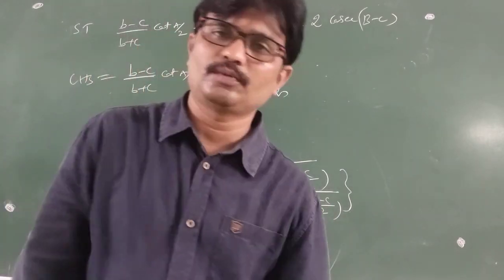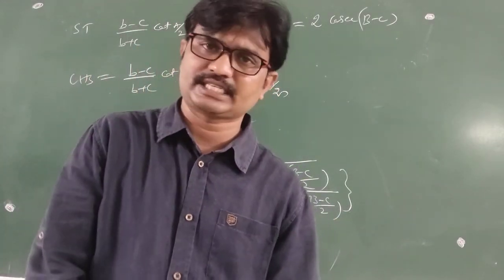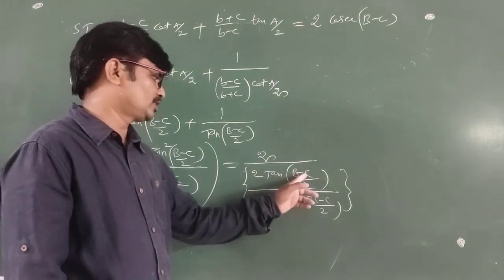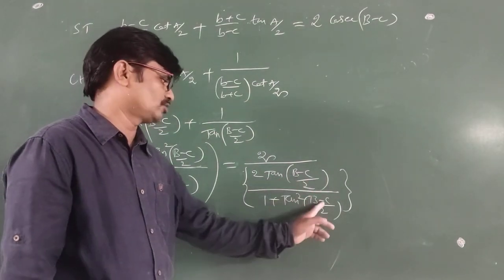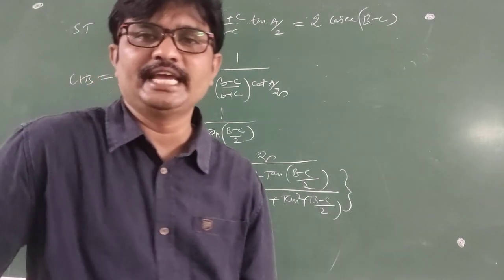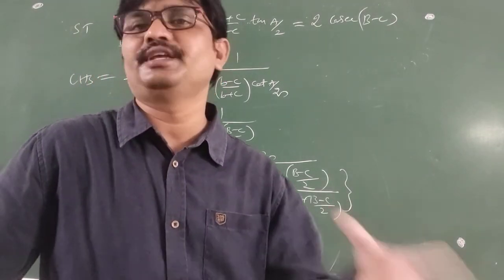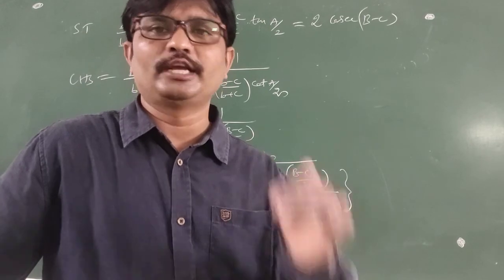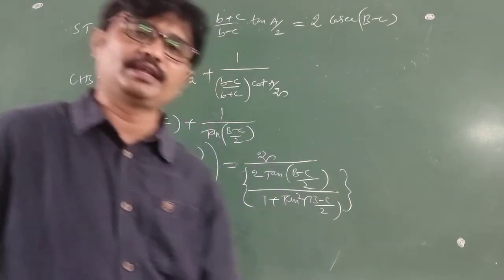Dear students, suppose we take B minus C as x. 2 tan x by 2 by 1 plus tan square x by 2, that is the formula of sin x. The formula of sin A in terms of tan is 2 tan A by 2 by 1 plus tan square A by 2.